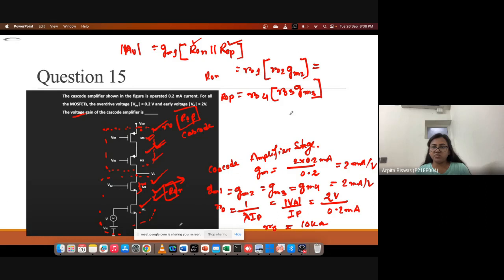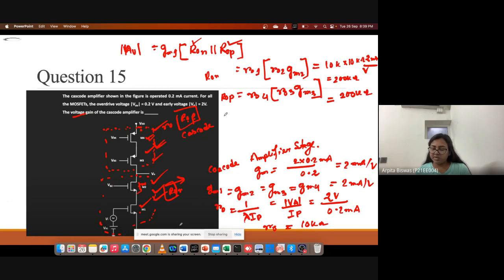R01 and R02 are the same because they are identical. So R naught 1 is 10 kilo ohm, multiplied by another 10 kilo ohm, and gm is 2 milliamps per volt. Here we get 200 kilo ohm, and from the other side also 200 kilo ohm.